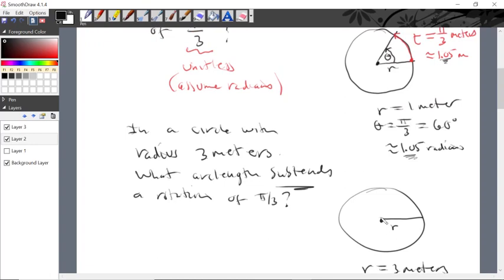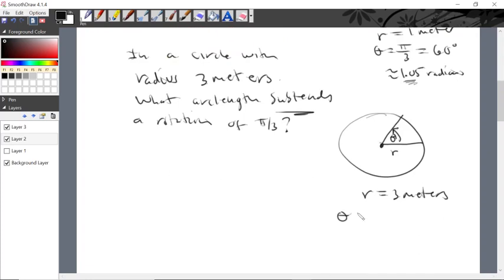We are still rotating through an angle of 60 degrees, that is pi over 3, which is 60 degrees, which is approximately 1.05 radians of rotation. But what is the distance now that we have traveled? The distance from the initial point along the circular curve to the terminal point, I'm going to call that S.